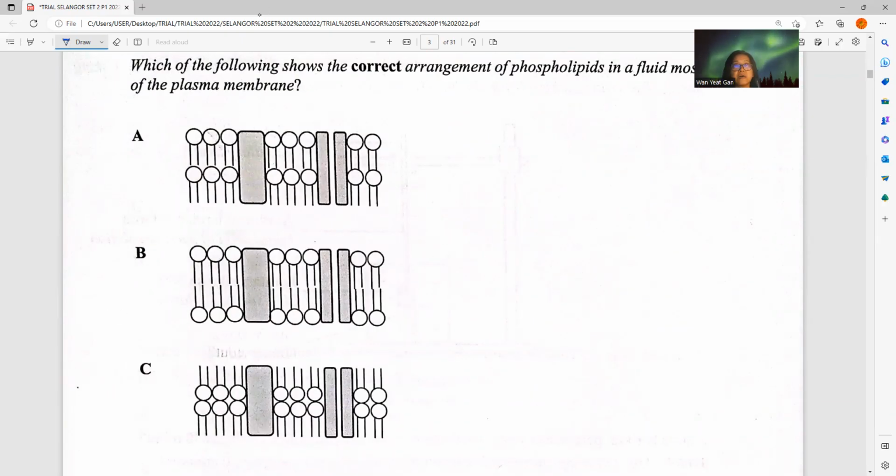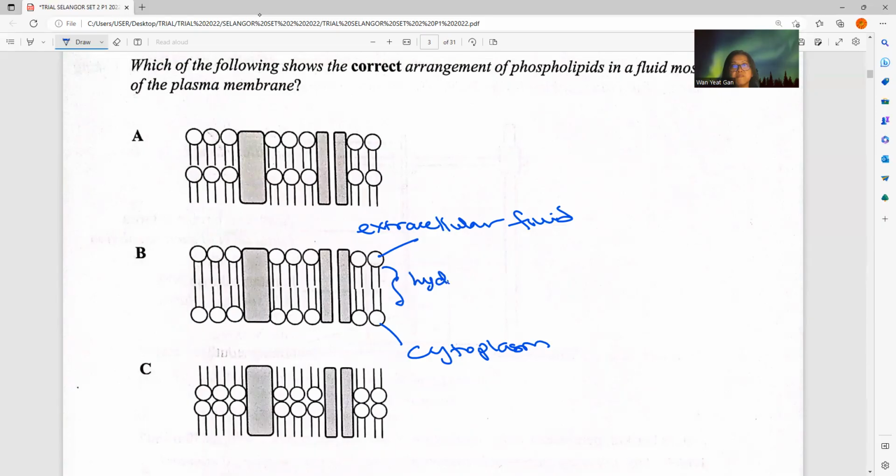So the hydrophilic head, one will face the extracellular fluid, and the other one will face towards the cytoplasm. And the hydrophobic tail of both the phospholipid layers will face each other. Okay, so B is the correct answer.